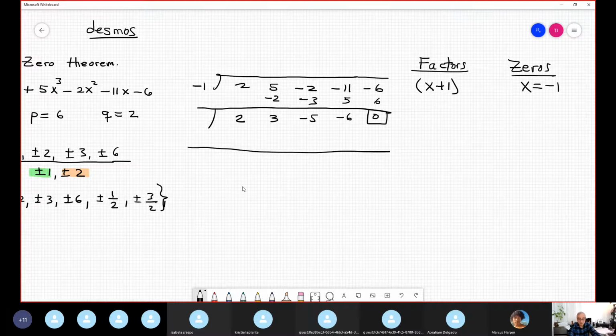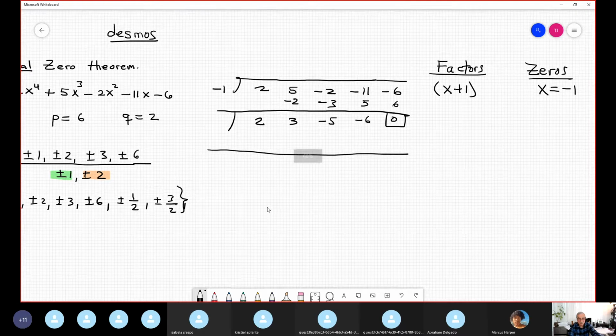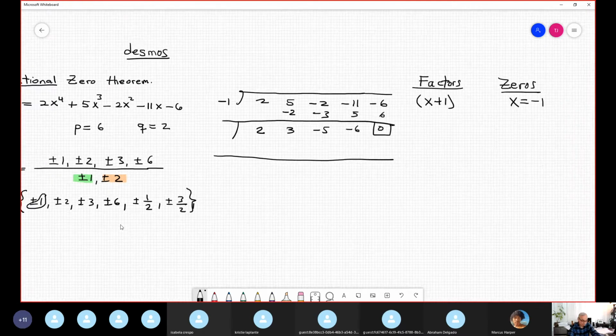Remember, it's guessing, but a little bit smart guessing because you have a list. Another guy, I repeat -1 again. Why, professor? Because when you see in decimal, you see a -1, the graph touches the axis and the multiplicity is 2. Okay, but I continue guessing. Bring down 2. 2 times -1 is -2.